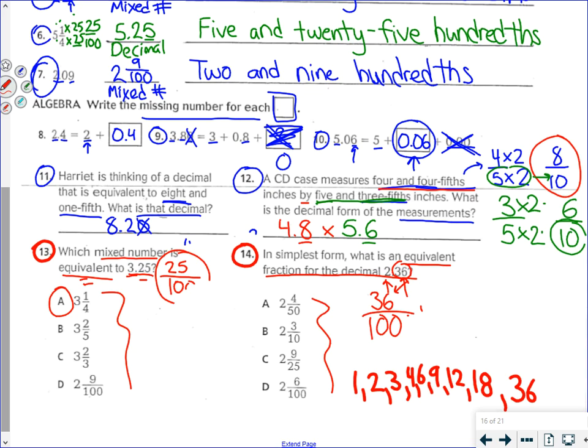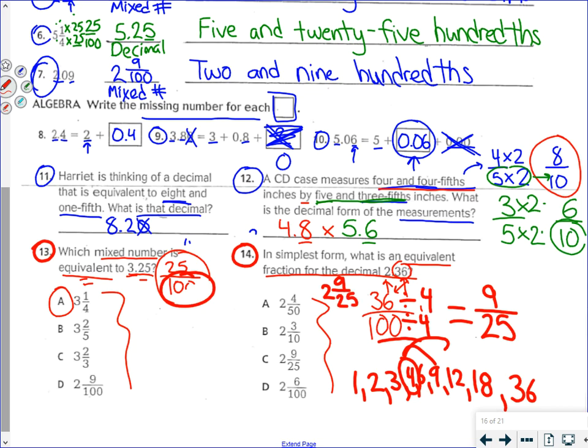I'm going to try dividing them by 4, because we just divided 100 by 4 over here. 36 divided by 4 will work because 4 times 9 gives us 36. So 36 divided by 4 is 9, and 100 divided by 4 is 25. 9/25, so 2 and 9/25.